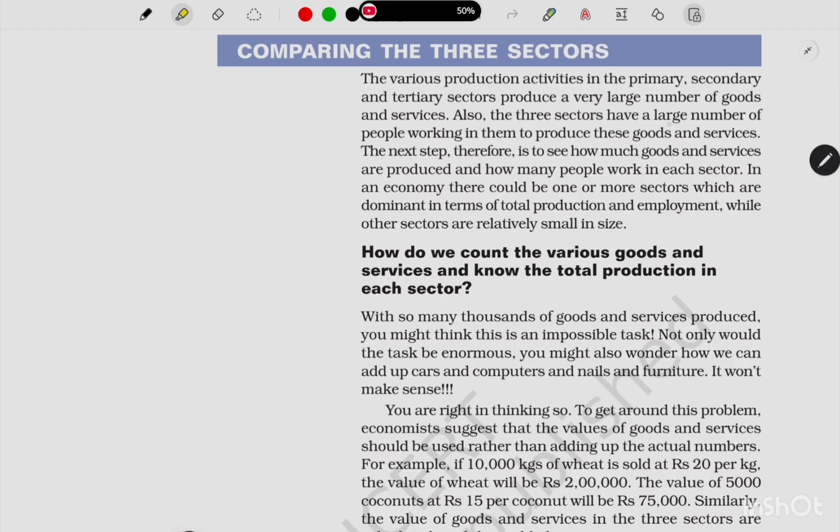Also, the three sectors have a large number of people working in them to produce these goods and services. The next step, therefore, is to see how many goods and services are produced and how many people work in each sector. In an economy, there could be one or more sectors which are dominant in terms of total production and employment, while other sectors are relatively small in size.